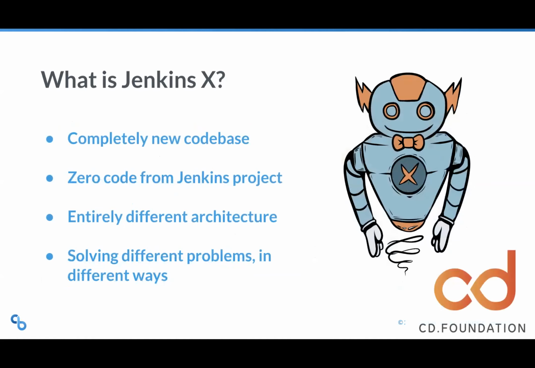There is no code that's been ported to Jenkins X from Jenkins. It is an entirely different architecture. I think when Jenkins was created, microservices didn't even exist, right? So it's solving different problems in different ways for different, modern architectures.